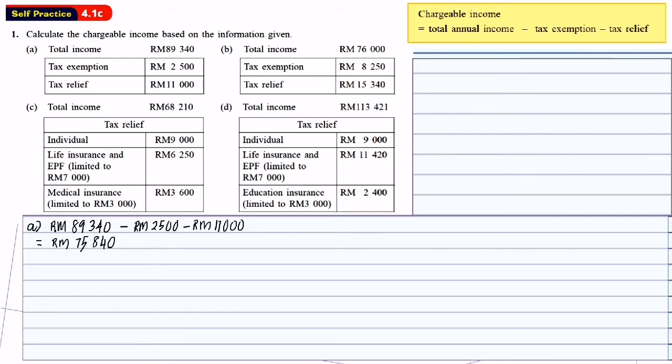Okay, now we try to answer B. Now the total income is 76,000. So we use the same formula.